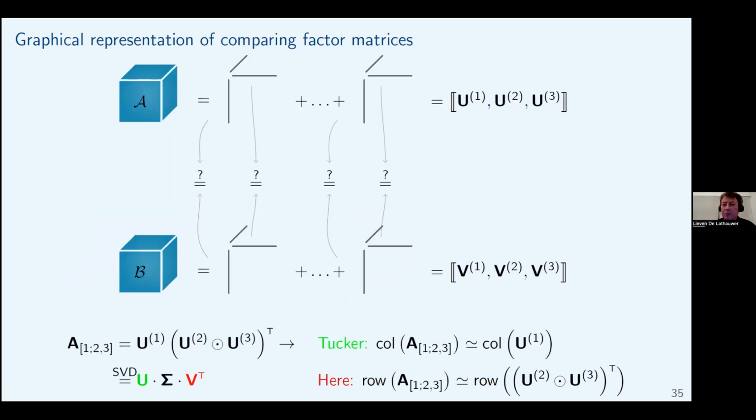So what do I mean by comparing things? We are now dealing with 2 tensors, A and B, which have CPDs or some other decomposition like a BTD. And I would like to know if these columns are the same for A and B, the rows are the same for A and B, and maybe say the fibers are different.